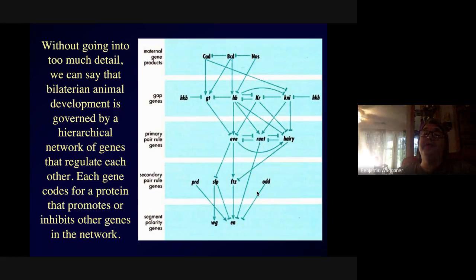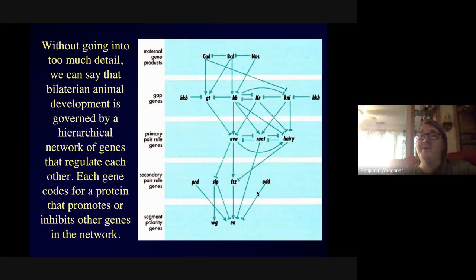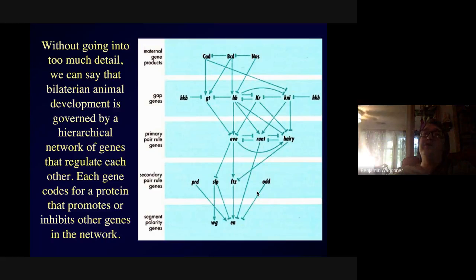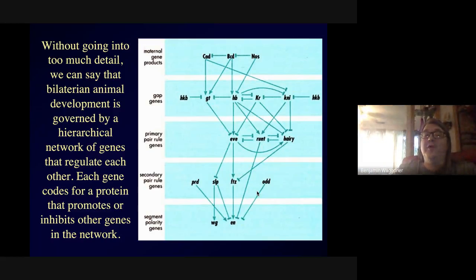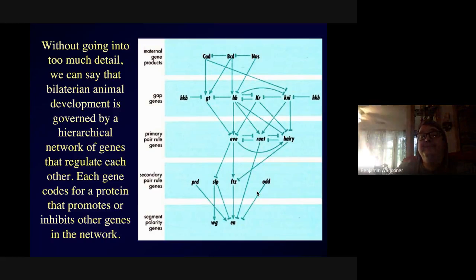What these genes do collectively is lay down the very basic architecture: which end is the head, which end is the butt, which side is dorsal, the back, which side is ventral, the belly, how many segments there are going to be, where the segments are going to go, and so on.